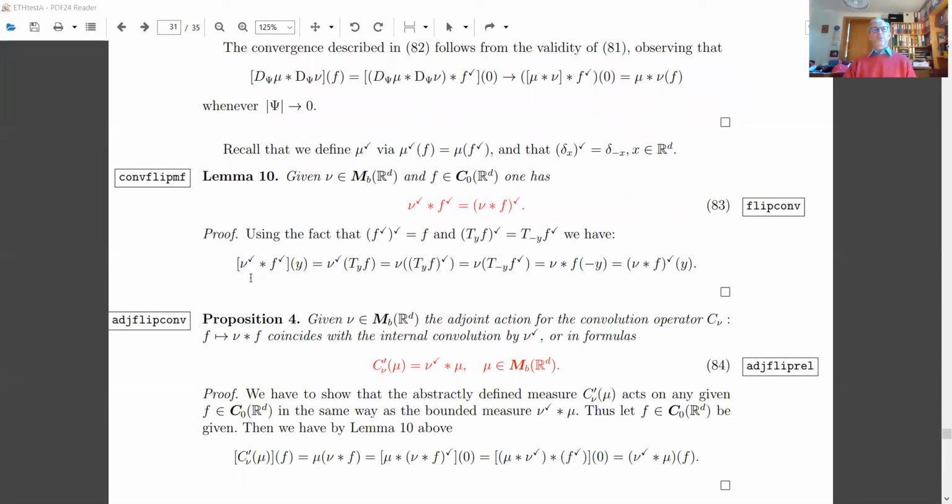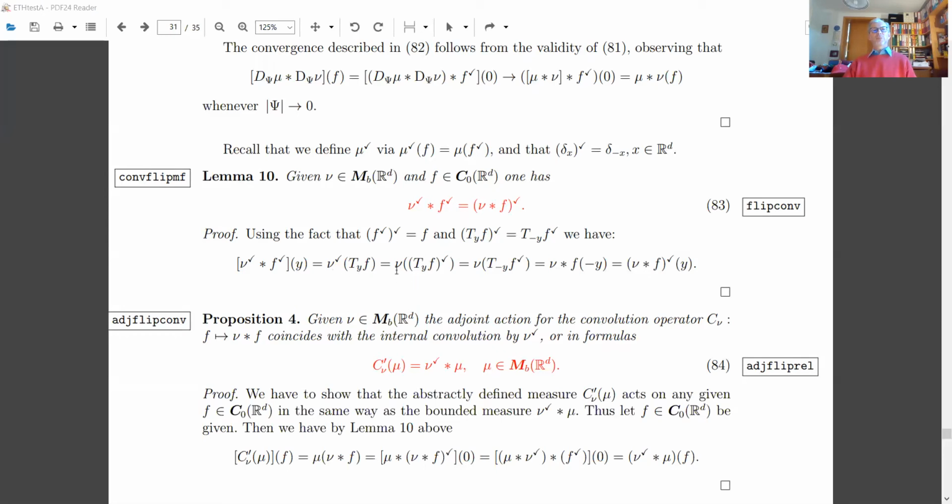Now, applying, and that's more an exercise on really using the facts that we have already established. Convolving a function named f flipped with a measure ν flipped at a point means you have to take the measure ν flip, and then you have to insert T_y of the input function flipped, but it's f flipped flip, and that's why you see there is just an f. So we have this here. But what is the action of a flipped measure on any function?